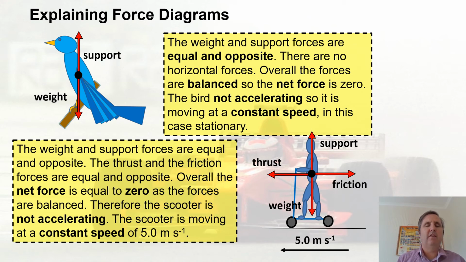All that matters is if your forces are balanced, you will keep going at the speed that you are traveling at. Now, this is actually Newton's first law, that an object in motion, or an object going at a certain speed, will stay in motion unless it has an unbalanced force acting on it, or a net force that isn't 0. So let's look at some net forces that aren't 0, some unbalanced.